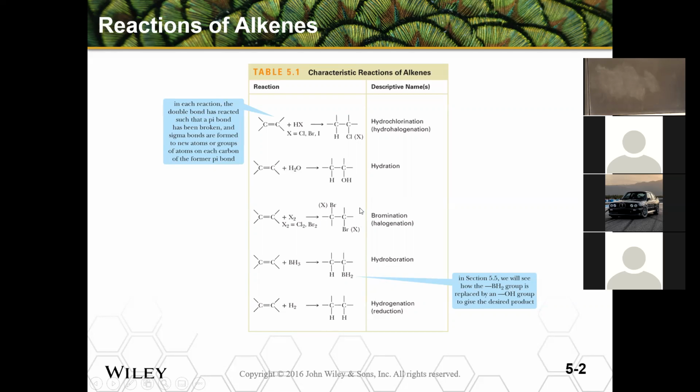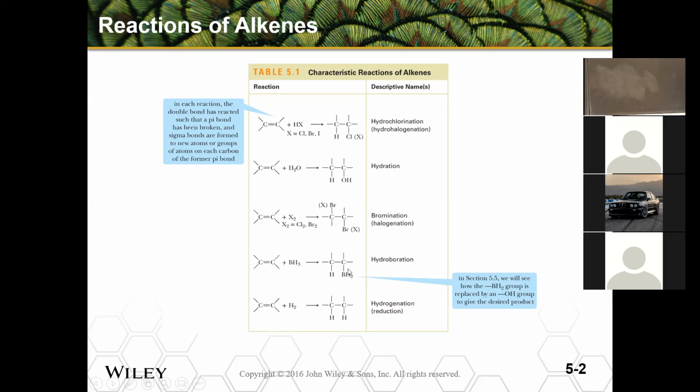We can add a halogen, X2, where X is chlorine or bromine. This time we add 2 halogen atoms, 1 to each side. And again, our product has no double bond, it has a single bond. The next one is hydroboration, where we use borane or some equivalent boron compound, and we add H to one side, BH2 to the other.